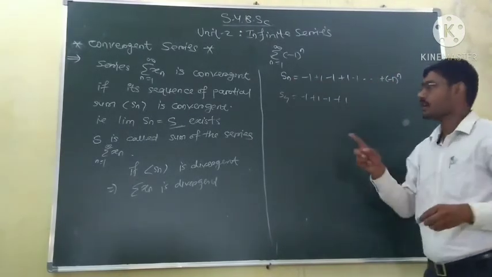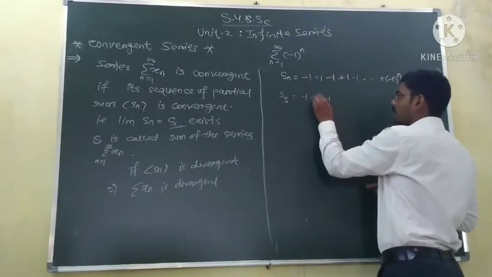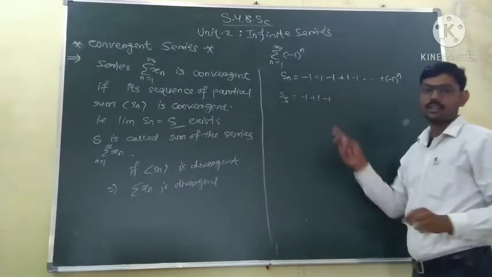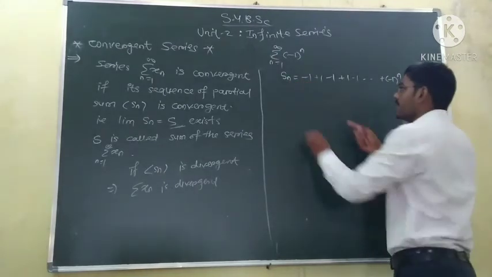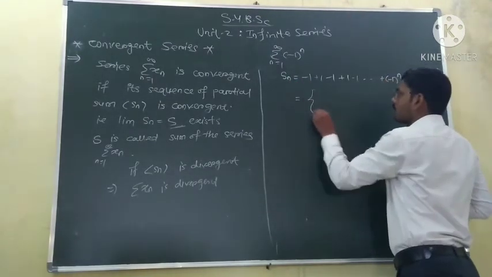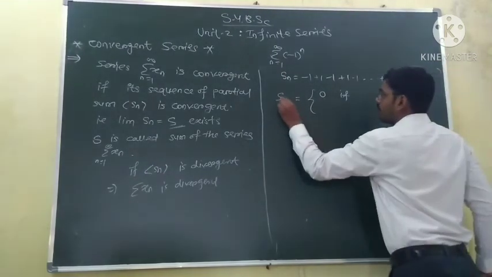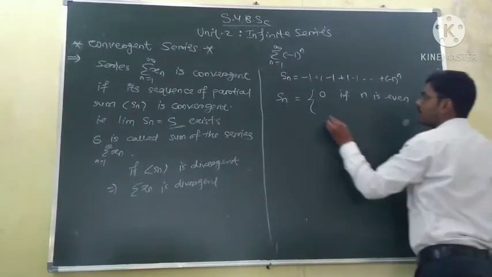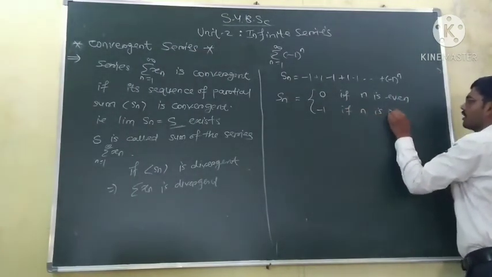And if n is odd, say 3, so minus 1 plus 1 minus 1. So minus 1 plus 1 is 0, 0 minus 1 is minus 1. Okay. So you will get minus 1. So this sequence Sn is equal to 0 if n is even, and it is equal to minus 1 if n is odd.